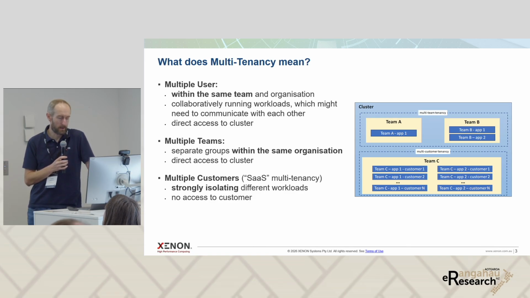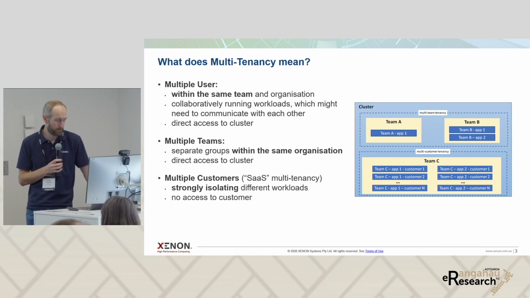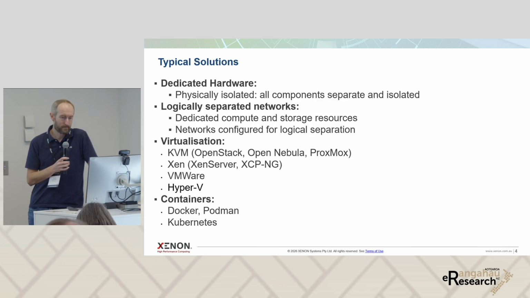So what are our options for implementing multi-tenancy architectures? You could simply have dedicated hardware for each tenant. So each tenant is physically isolated from one another. We see this with clients who are seeking large amounts of dedicated infrastructure.